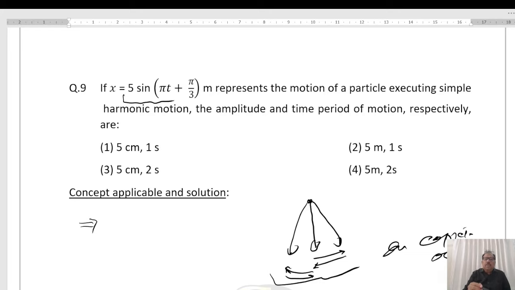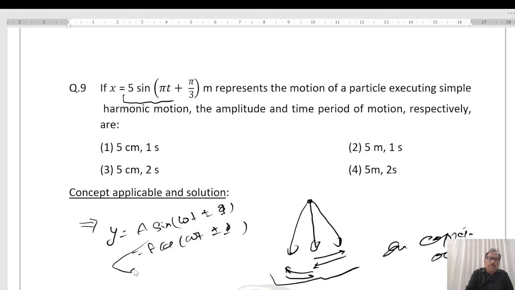Equation of SHM is y equal to a sin(omega t plus minus phi), or a cos(omega t plus minus phi).